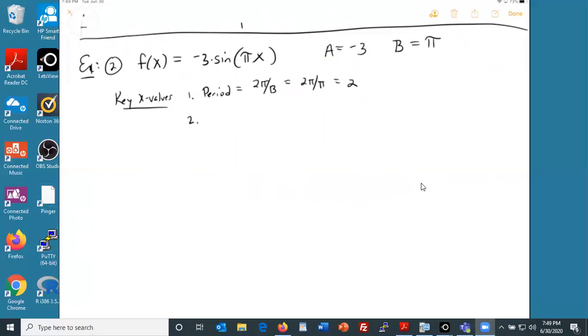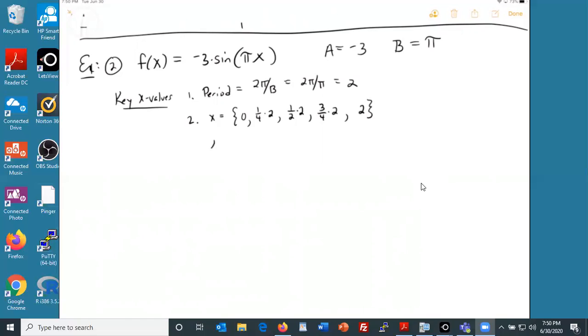All right. And then the next thing we do is remember that the x values will be found by taking 0 and then 1/4 times the period, 1/2 times the period, 3/4 times the period, and the period itself.